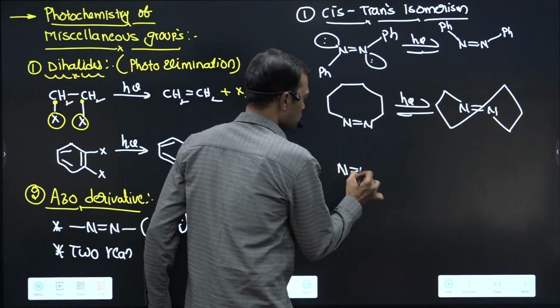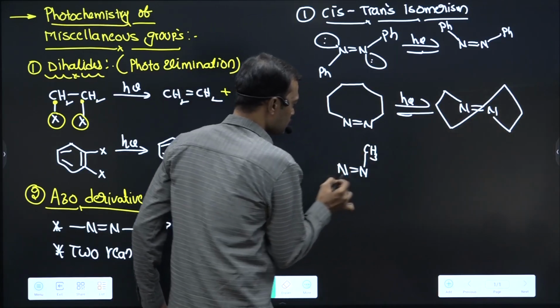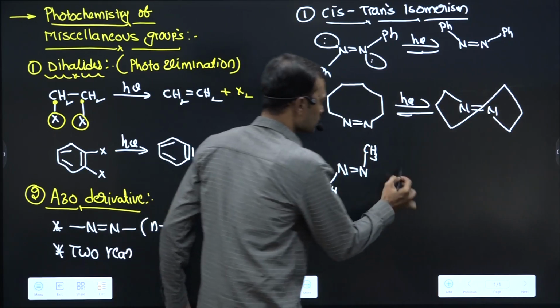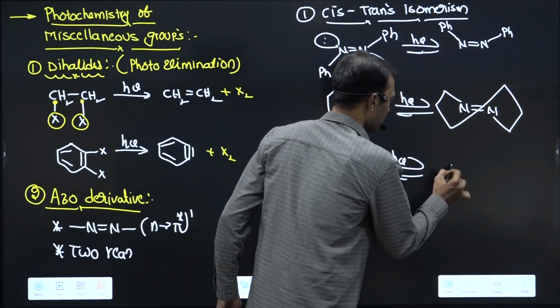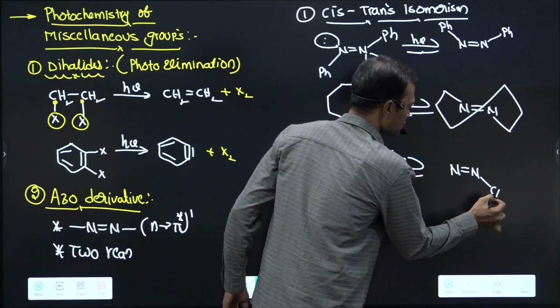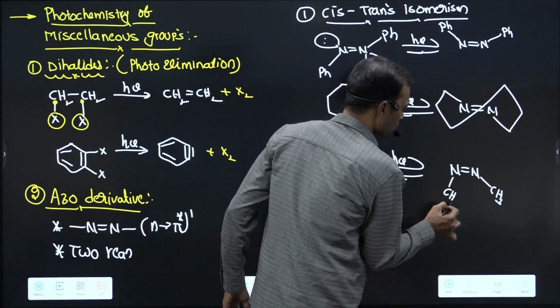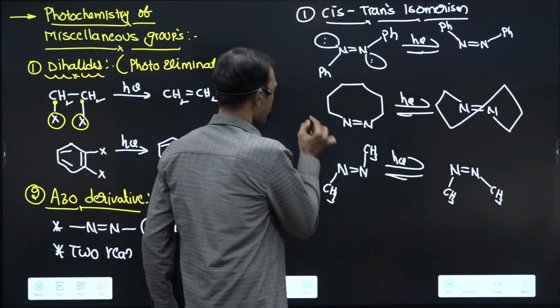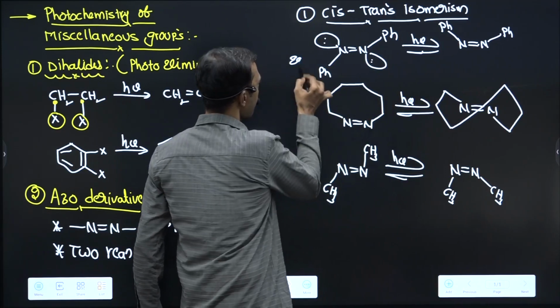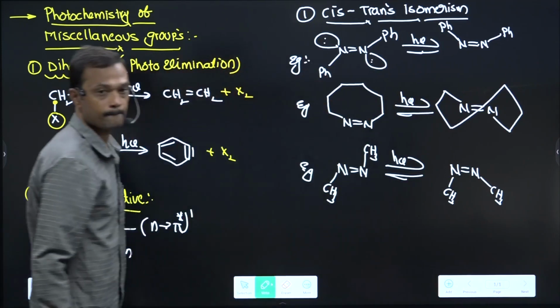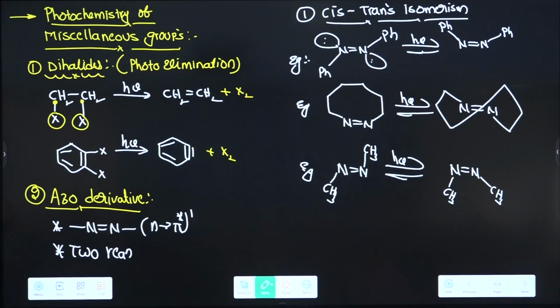Even aliphatic groups also get interconverted. CH3 and here one more CH3, trans. Trans photochemically has a tendency to give cis. This is CH3 and here one more CH3. Cis-trans isomers are possible with azo derivatives.